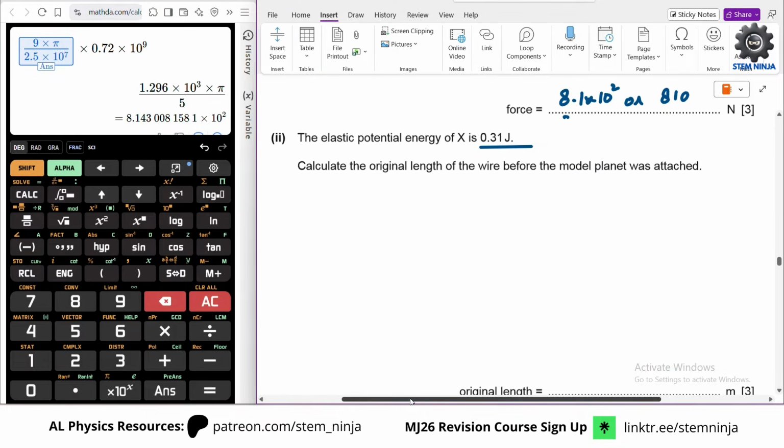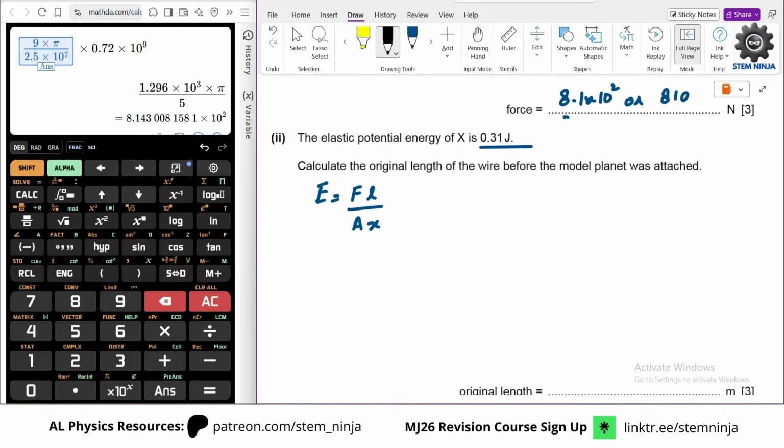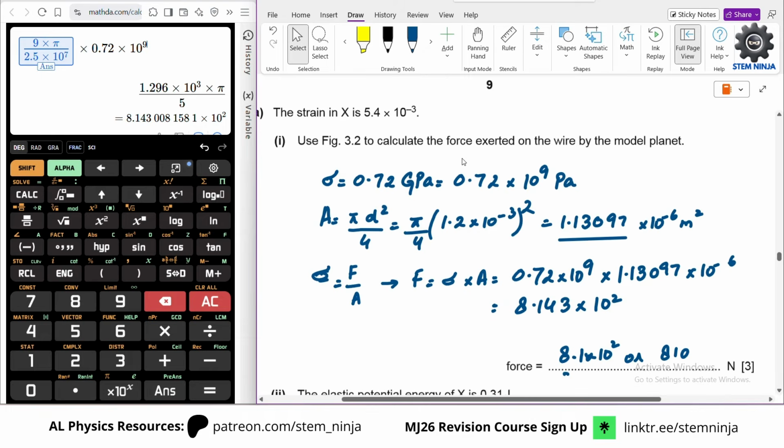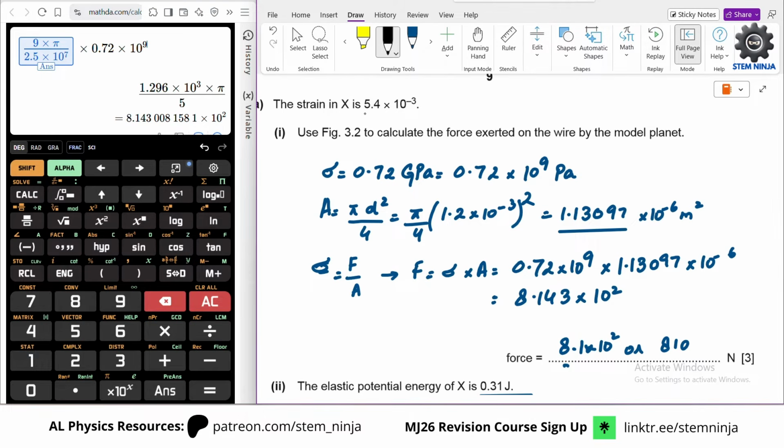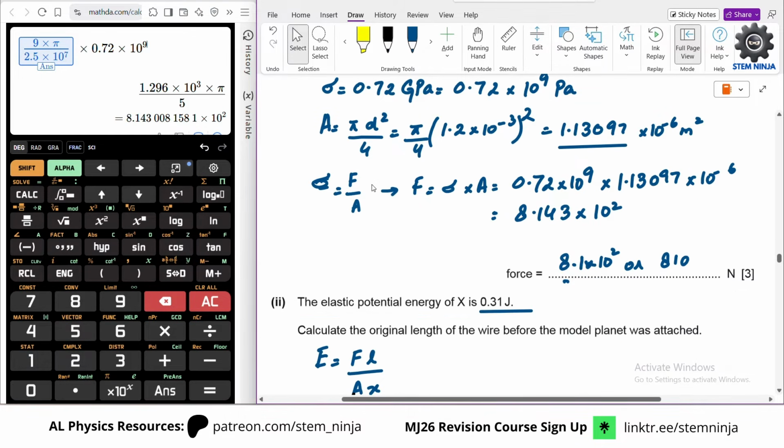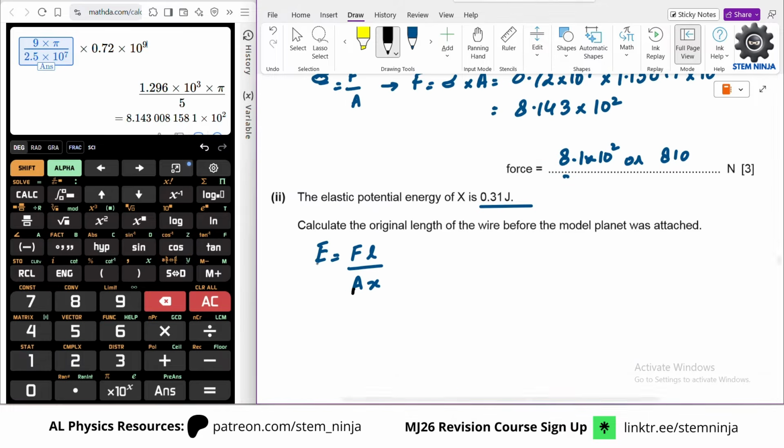To find out the original length, I think we can use Young's modulus, F L over A x. Or we can use the strain, but we don't know that, right? We can use the same strain. Yes, we can use the same strain. Okay, all right, we can do that. We don't need this.